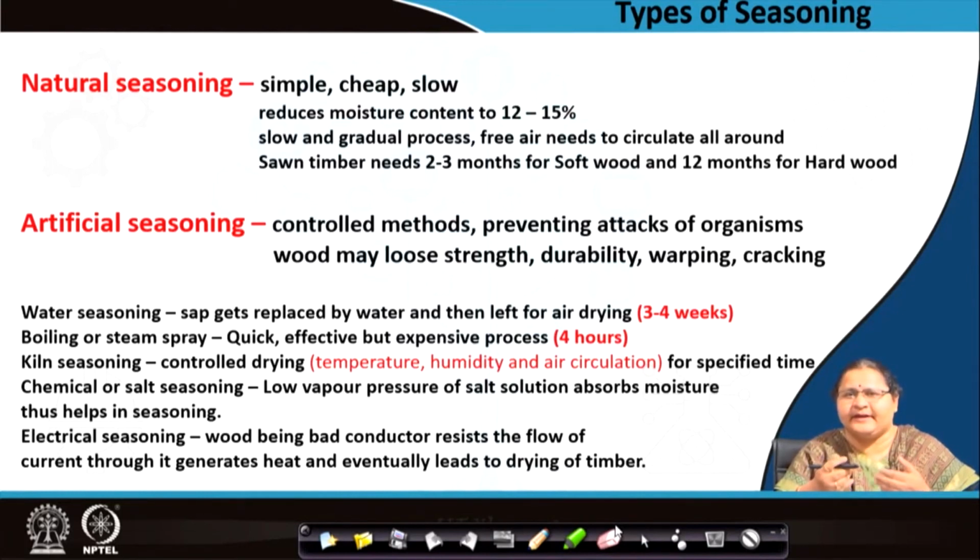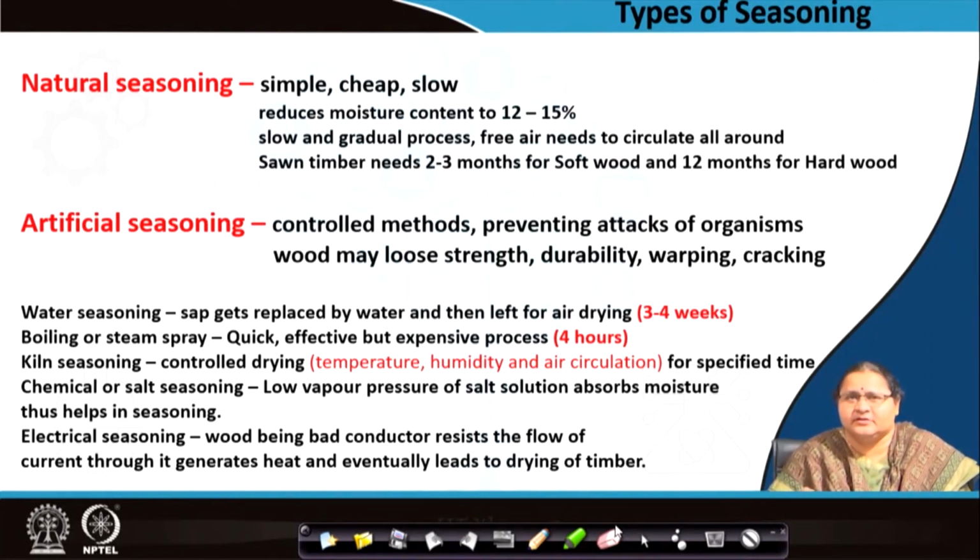You may note that many a time I am saying wood, many a time I am saying timber. So, timber and wood you can use interchangeably, they have the same meaning, particularly for this course, particular to our trade. So, what you understood: natural seasoning and artificial seasoning.